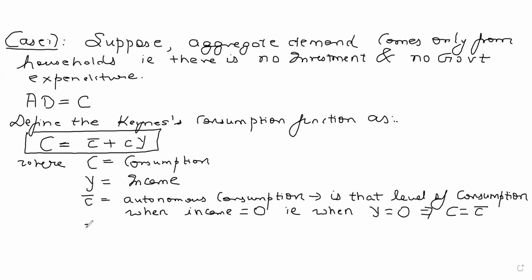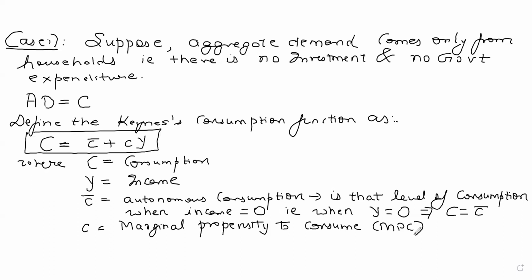Now, what is small c? Small c denotes the marginal propensity to consume, which in the short form we can call MPC. Okay, so what does marginal propensity to consume capture?